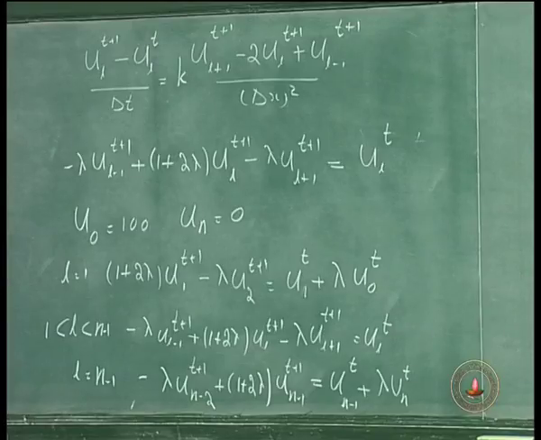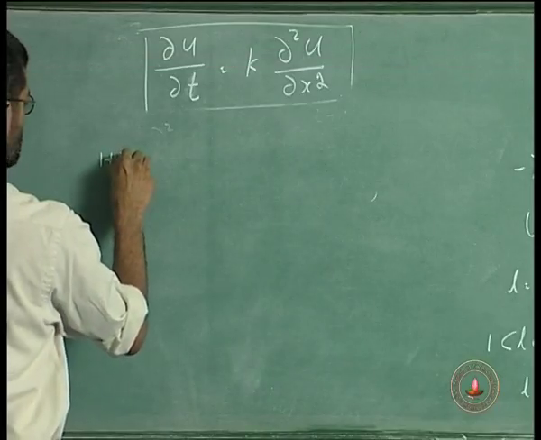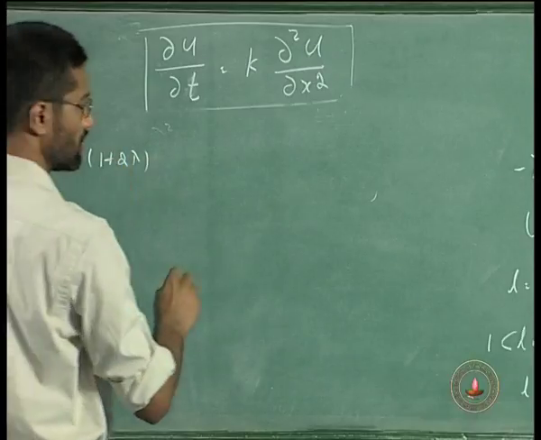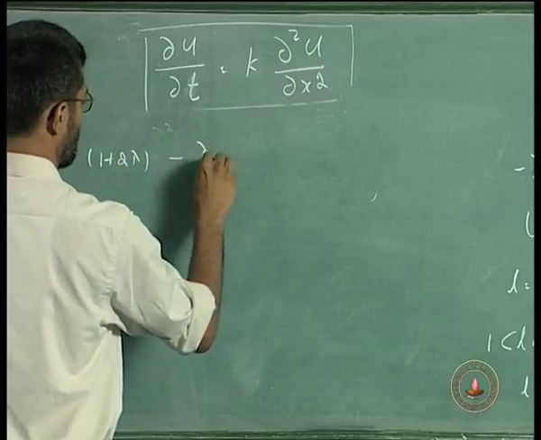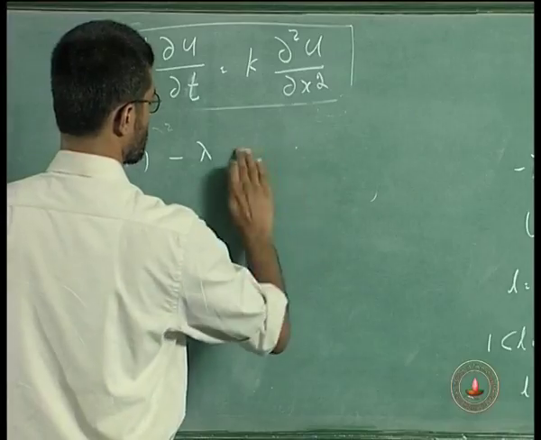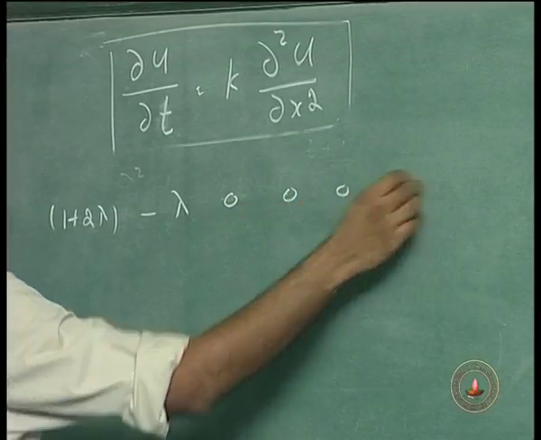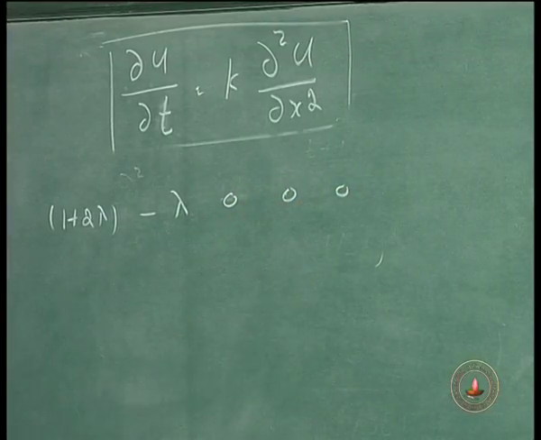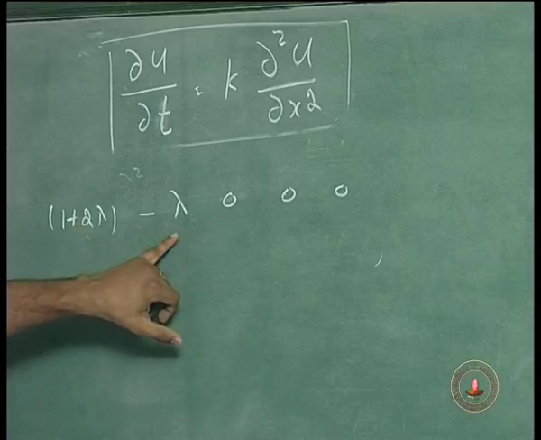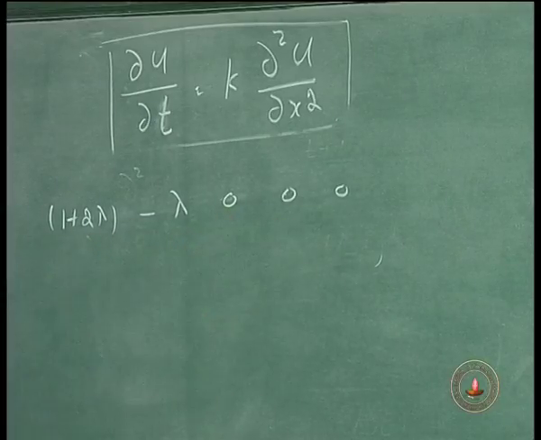You will have an equation of this form: 1 plus 2 lambda, minus lambda, and then 0 0 0 etc. Let us write it for 5 points. So, you have 1 plus 2 lambda, minus lambda, 0 0 0.